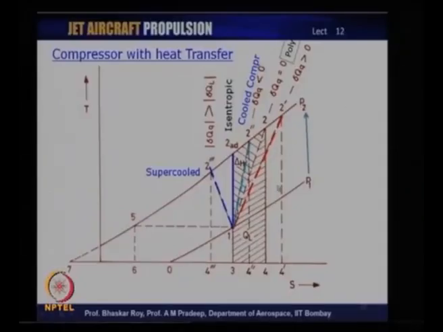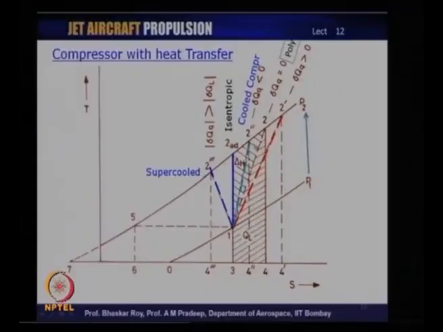As we can see now, if you introduce heating, you would actually need to do more work, because the entropy rise or the loss in such a process would be even higher, and you would actually need to do more work, because the path from 1 to 2 prime now is longer to accomplish the same pressurization from P 1 to P 2. See, in all these processes the pressurization is the same from P 1 to P 2. This path is longer, which means you would need to do more work. The temperature rise from T 1 to T 2 prime is higher. So, you would actually need to do more work.